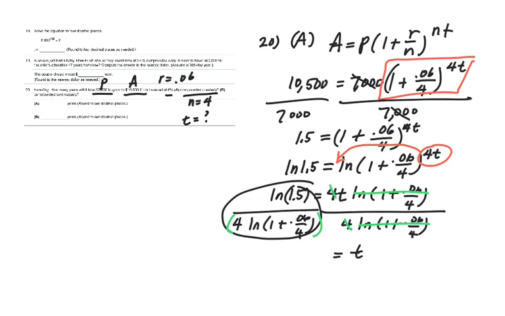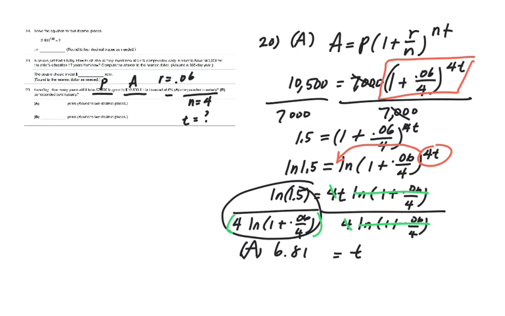It tells us to round to 2 decimal places, so in this case t will be equal to 6.81. So that'll be part A.